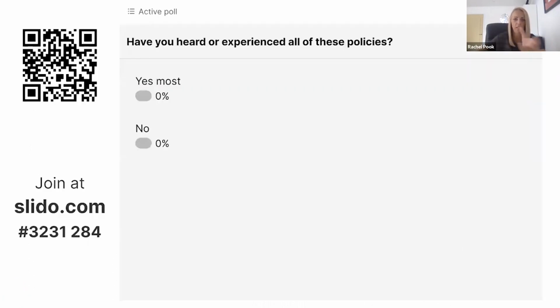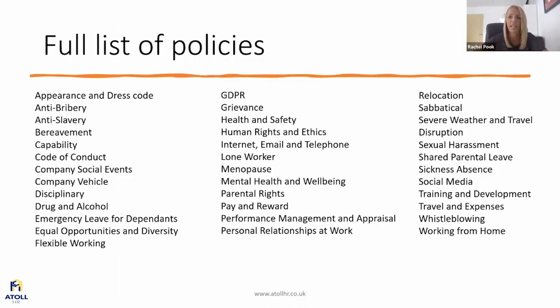I don't know if you may need to flip to help the people or keep it on the page. So have most people heard or experienced all of these policies? If you could, is it possible to flick back for 1 minute, just let them have a quick look? Thank you.